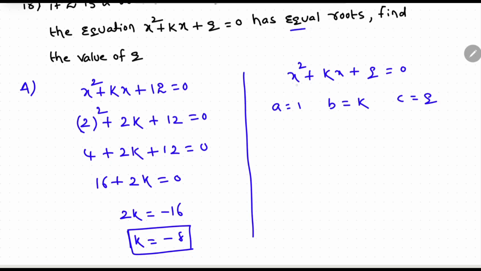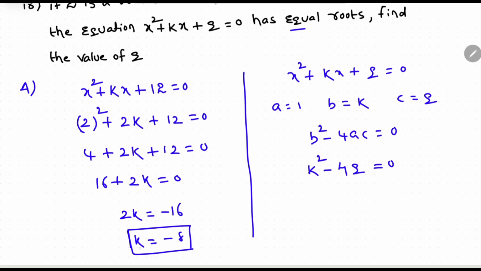This equation has two equal roots. Therefore, we have the formula b square minus 4ac equals 0. So what is the b value there? k power 2 minus 4 into the a value 1. What is the c value? That is q equals 0.